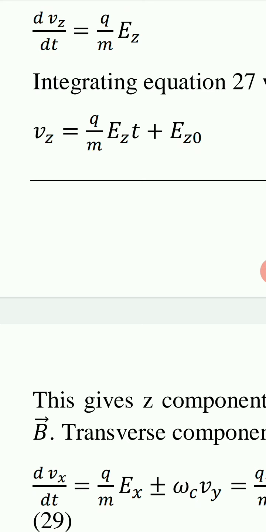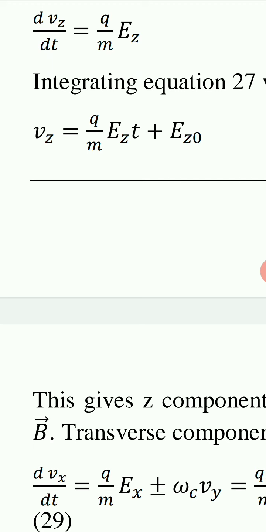Correct it: in place of Ez0 write Vz0, and this Vz0 is the value of Vz at t equal to 0. If we put t equal to 0, then the first term in the right hand side becomes 0 and we have Vz equal to Vz0. So the second term in the right hand side, correct it, is Vz0 in place of Ez0.